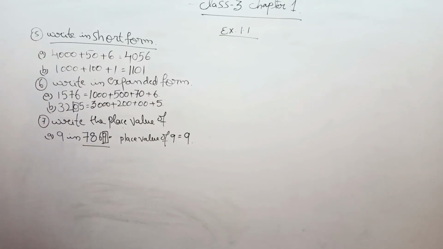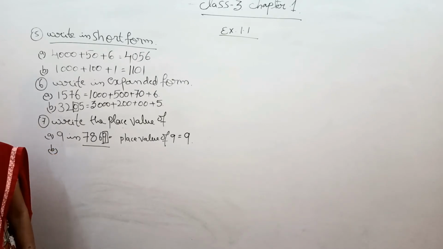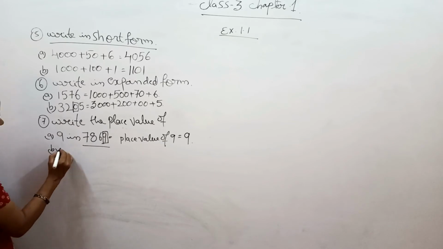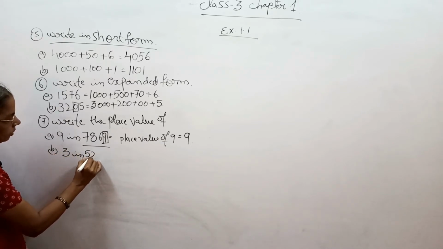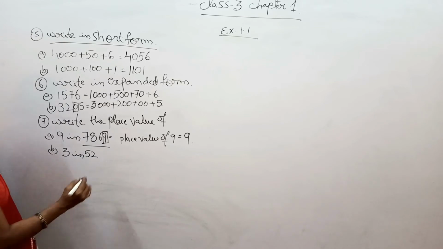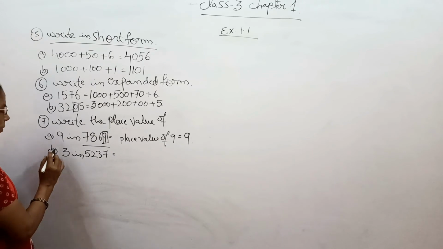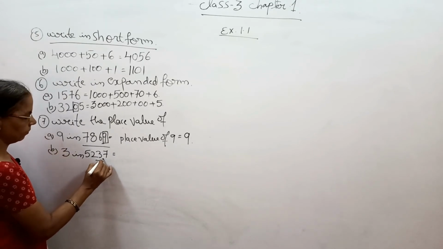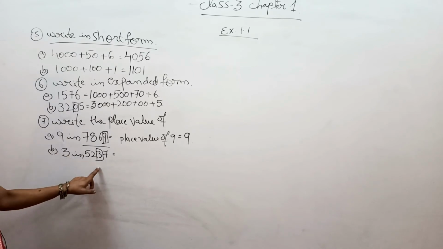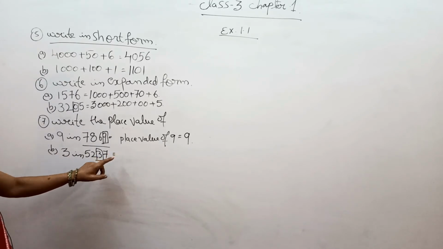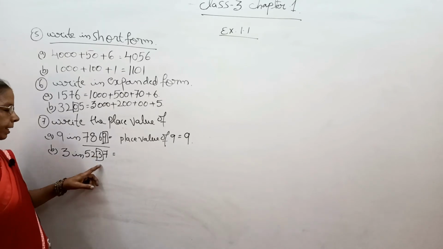And the second one, 3 in 5237. In this, we have to find the value of 3 which is in the place of tens.